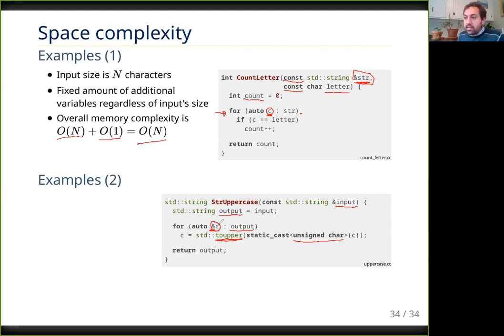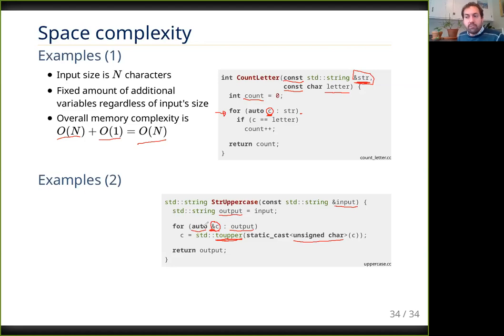Because this c character here we declare as auto, we are delegating the responsibility of choosing what type should be chosen. We ask the compiler to do that for us, just like, yeah, auto, pick whatever is fine.